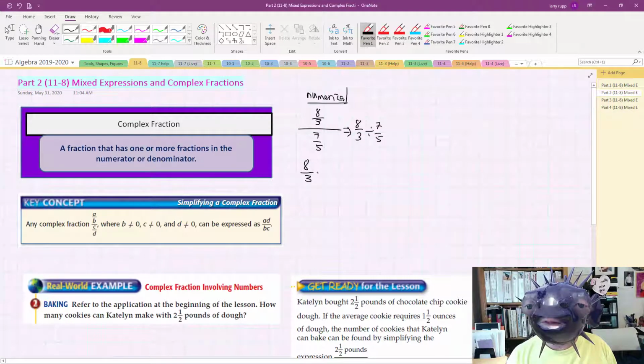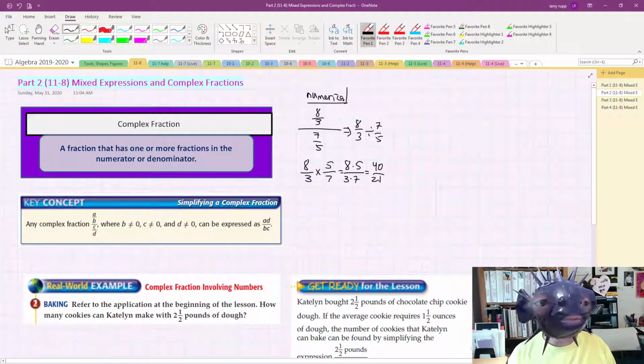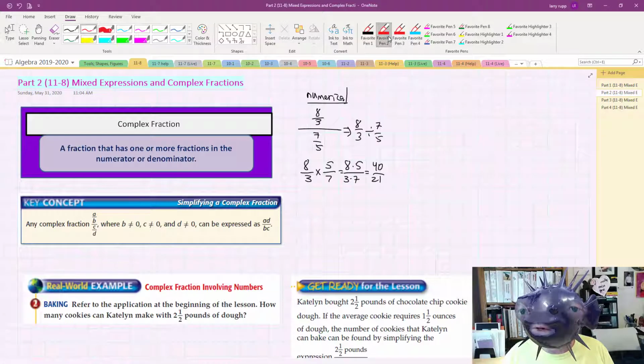So you keep the 8/3, you change divide to multiply, and you flip the 7/5 into 5/7. And that gives you 8 times 5 over 3 times 7, or 40 over 21. We're going to mark that up.